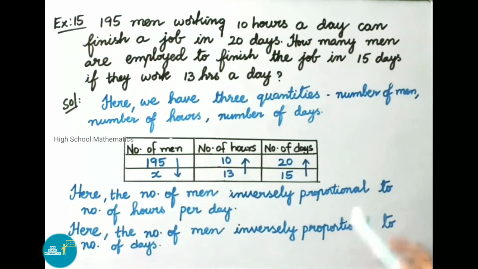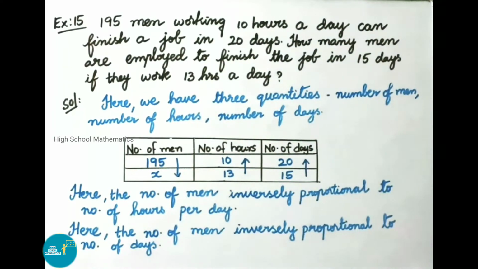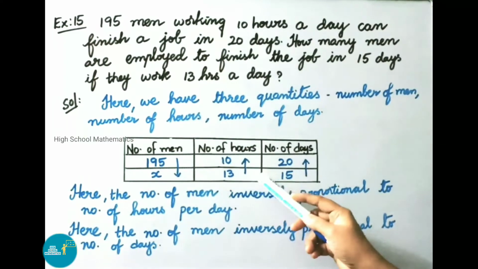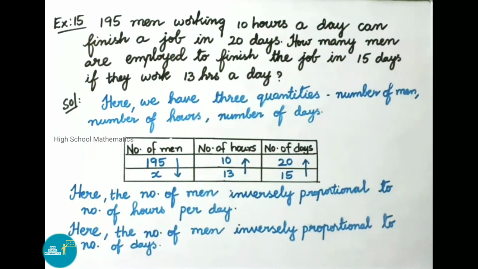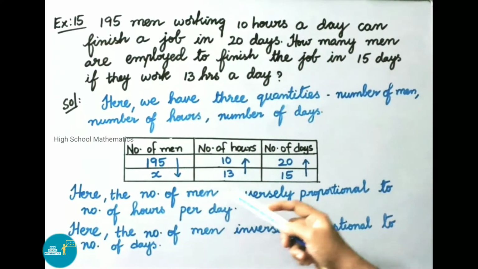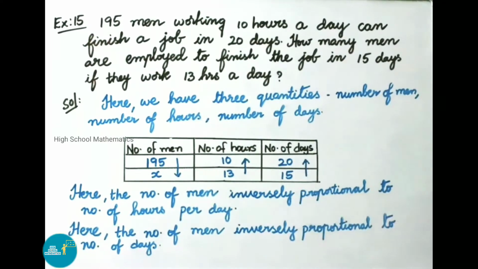So we have written all those three quantities in this tabular form. 195 men working for 10 hours per day can finish the work in 20 days. Then how many men are required so that they can work 13 hours per day for 15 days, we have to find.